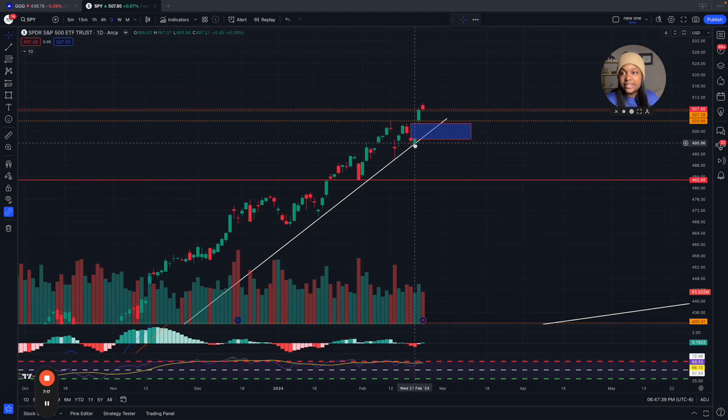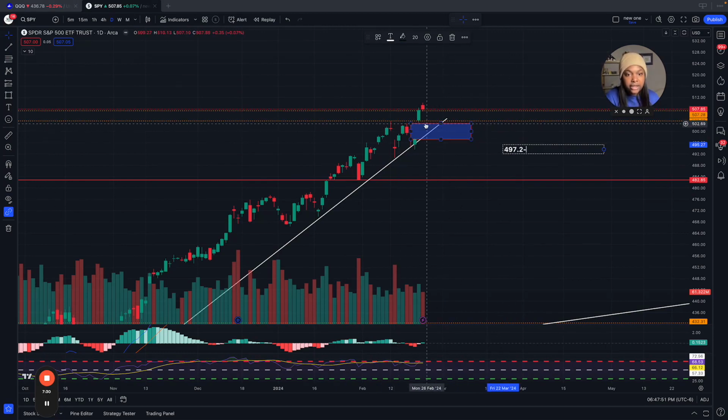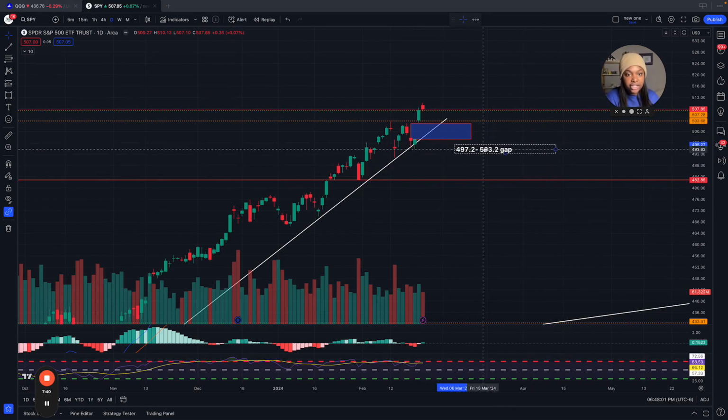So we had this candle close at 497.20. And our low, this lower wick here, is 503.2. This is our gap that we have in here.